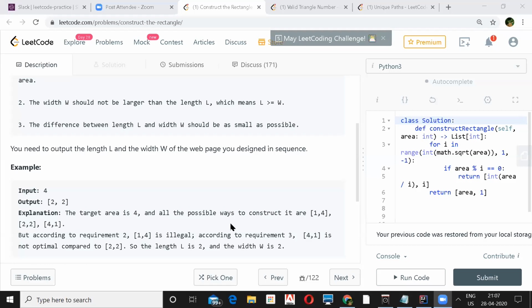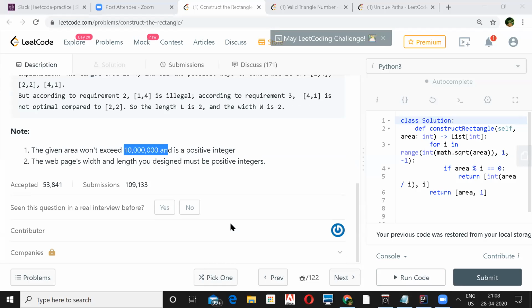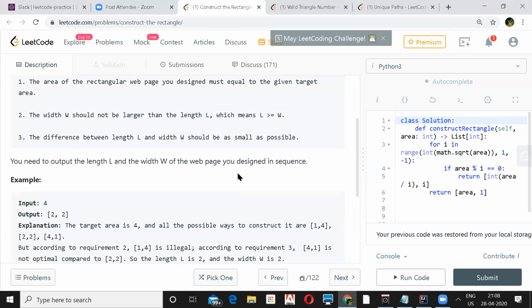So one thing is that the length has to be greater than or equal to the width, according to the question. So we can swap them. Length has to be greater than or equal to width, yes. That means this is a sort of binary search technique: you only have to search in one area.